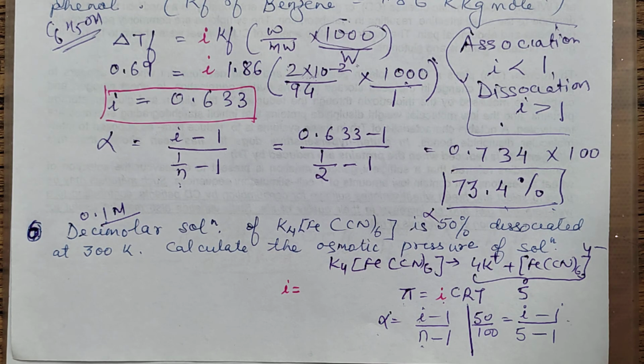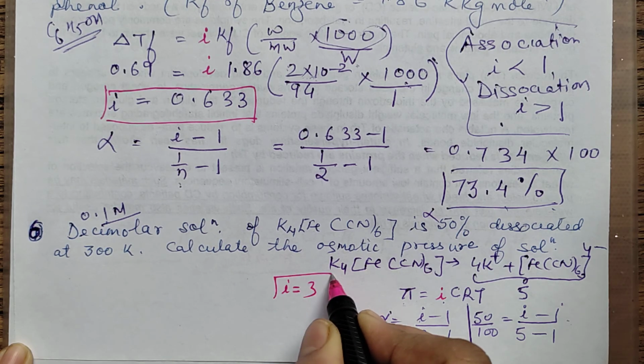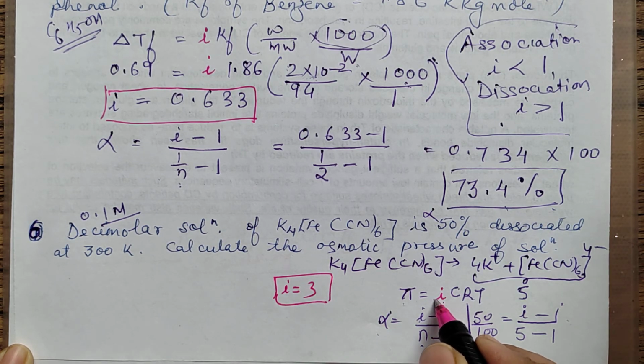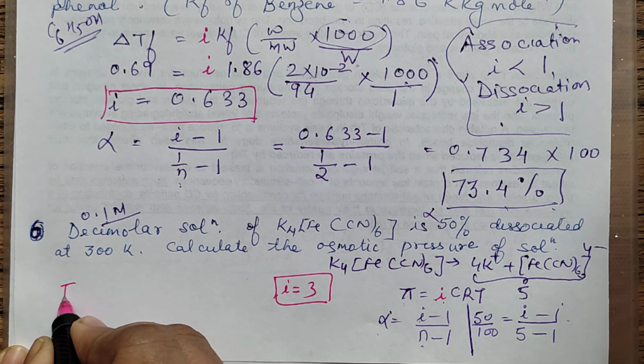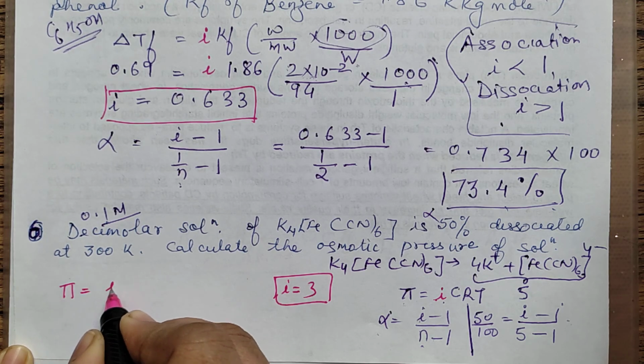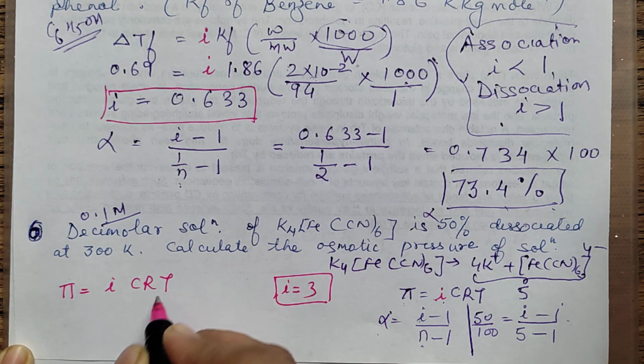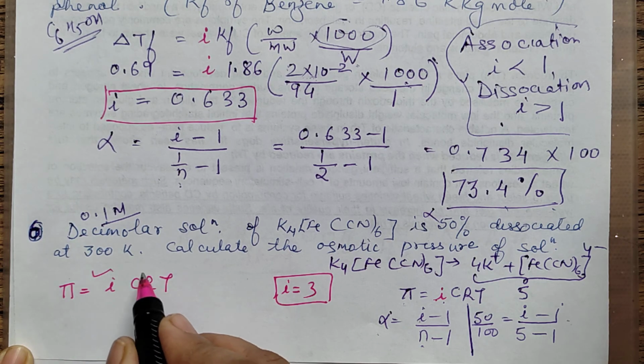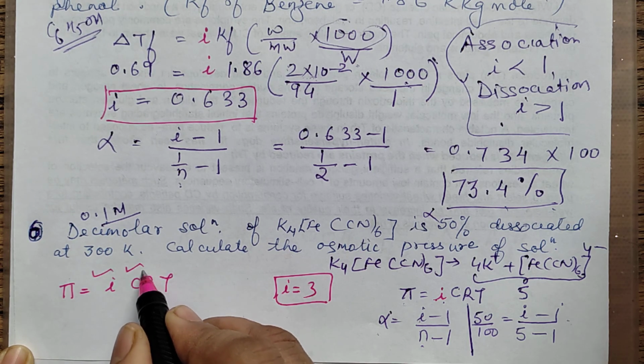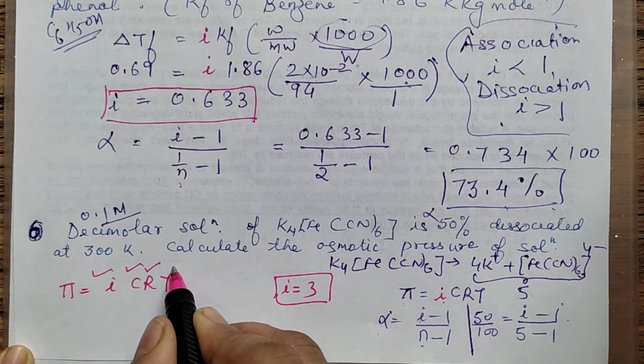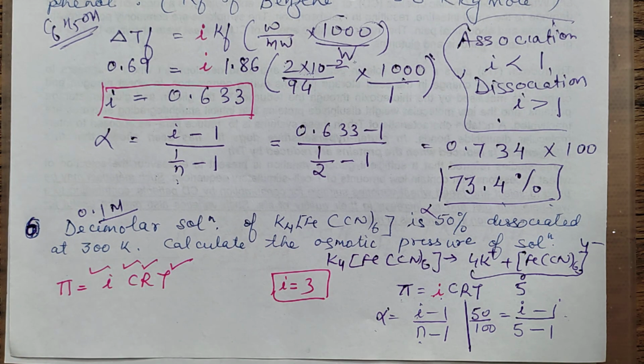When you solve it, you get i is equal to 3. So this i value we have to put here. Now I think you can solve this on your own. Pi is equal to iCRT. You can put the i value. We know the concentration, we know the R value, and we know the temperature value. You can just put all the values in, calculate, and write down the answer for osmotic pressure.